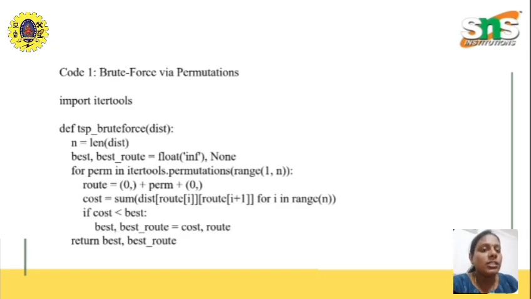So if cost is less than best, then best route is the cost route. We already defined the best complexity of this algorithm. So if we find the cost from one node to another node, and that cost is less than the best so far, that particular route is the best. So best route is equal to cost route, return best route.